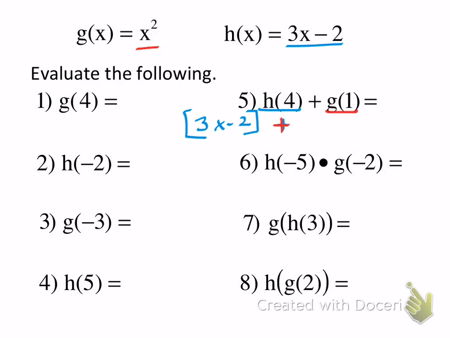the g function, I'm using x squared. Now, what do I substitute in for the first one, Chris? 3 times 4 minus 2. And I'm keeping that in my little parentheses.